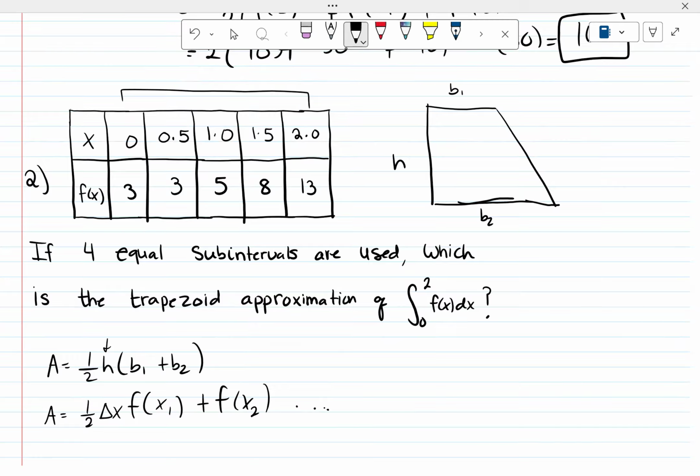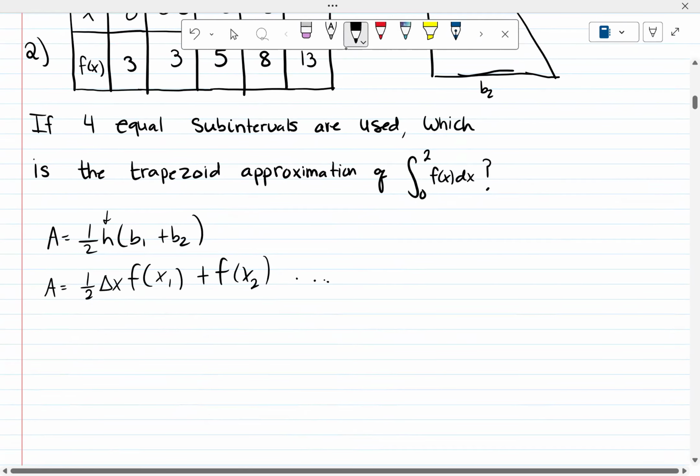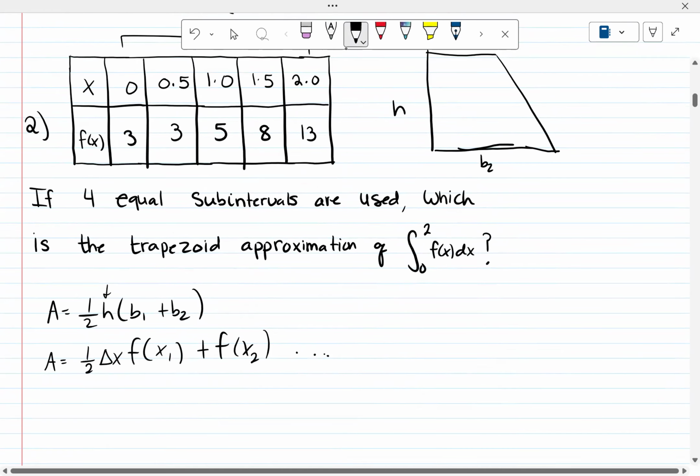Did it say left side? So let's do this one. How do we do the trapezoidal method? If you need to copy the table, go ahead and copy it down. Here's our table.